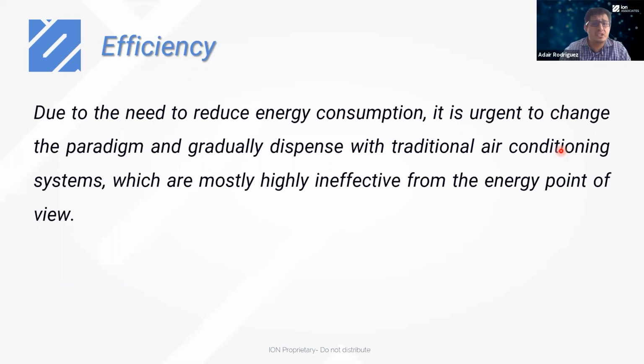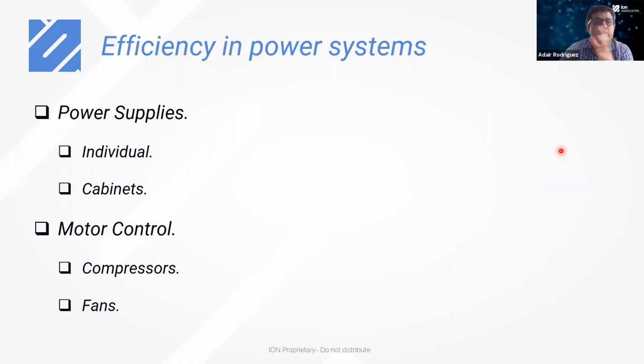Talking about efficiency, this is related to the industry's requirements. The idea is to consume less energy, and this is all based on the requirements of the industry. So when we talk about efficiency in these systems, we can refer to power supplies and motor control.